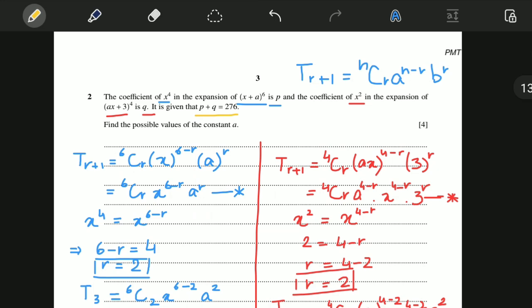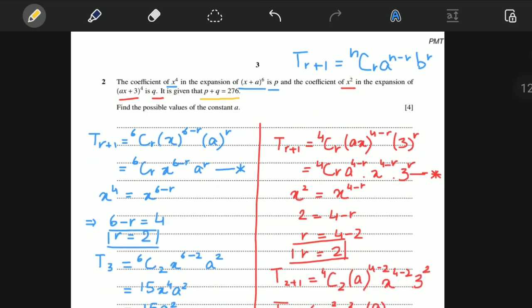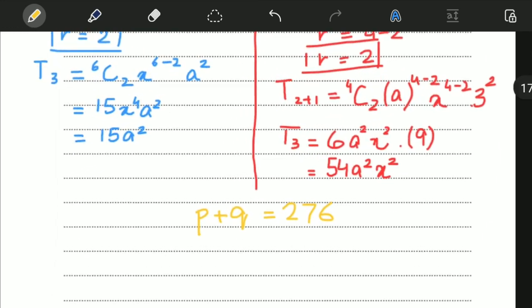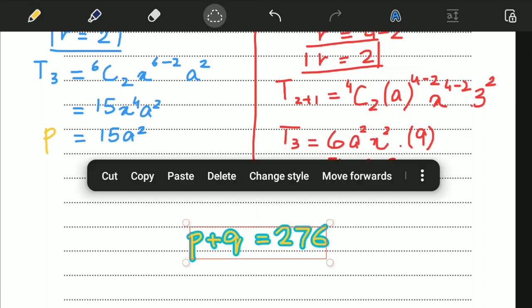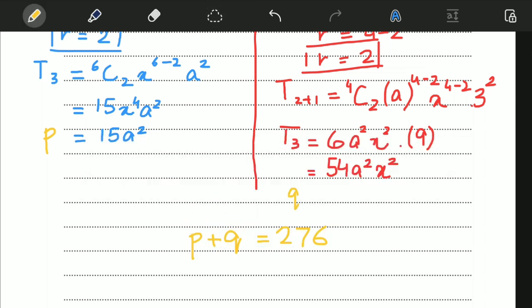They told you that the coefficient of x4 is p and the coefficient of x square is q. So here it is, this is p, and here it is, q is equal to 54a square.